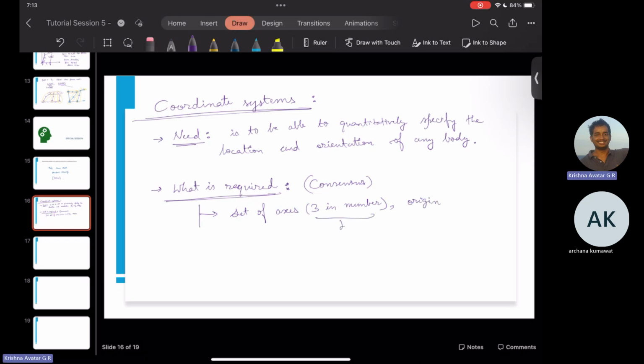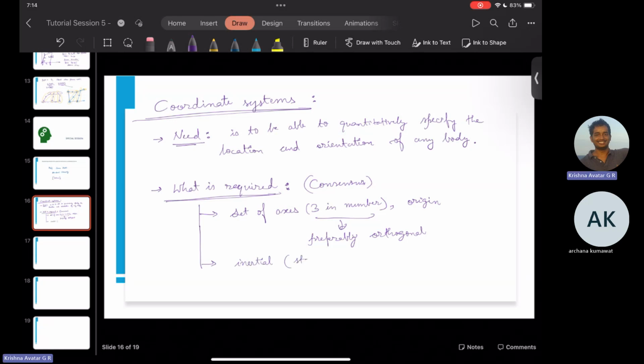And these three axes are preferably orthogonal. Orthogonality really helps, it simplifies a lot of things when we define the projections and all. So that is from a mathematical point of view. From a physical point of view, it must be inertial.